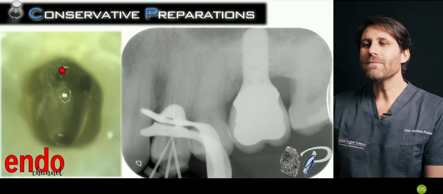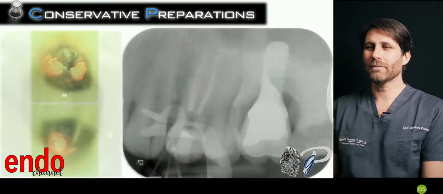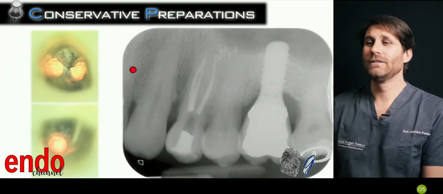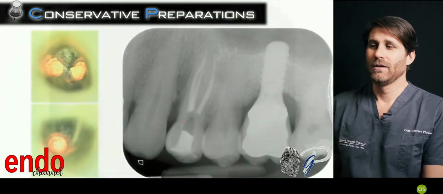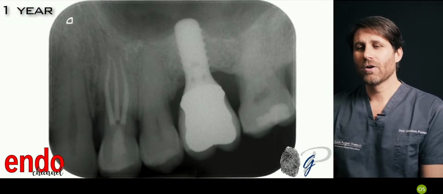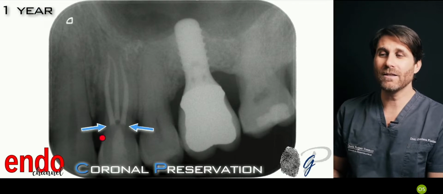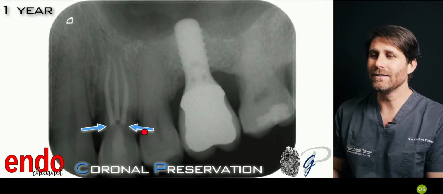You can see the image of the 2 buccal orifices and the palatal orifice. And after the obturation and the restoration, you can appreciate how much coronal preservation has been performed in this case, how much dentin we have maintained in this area.